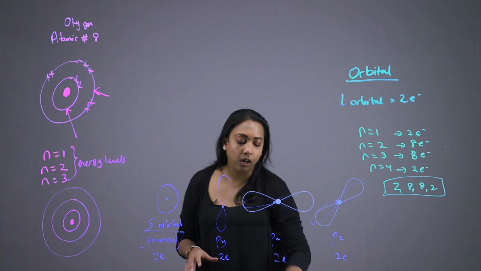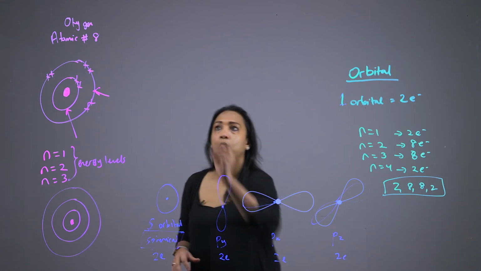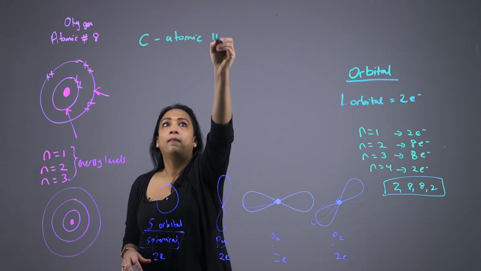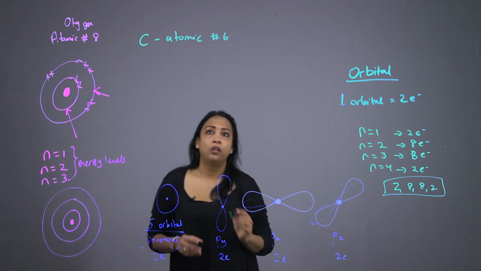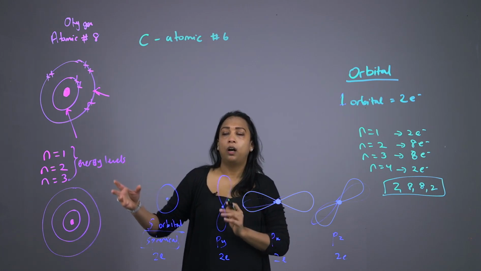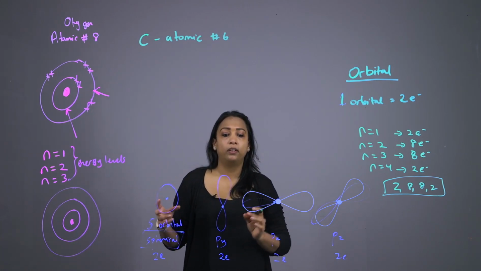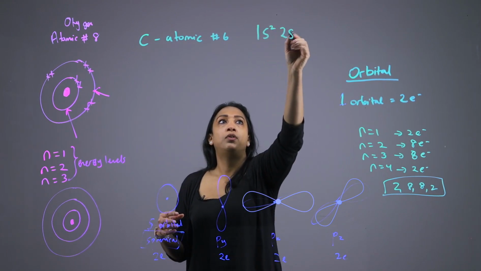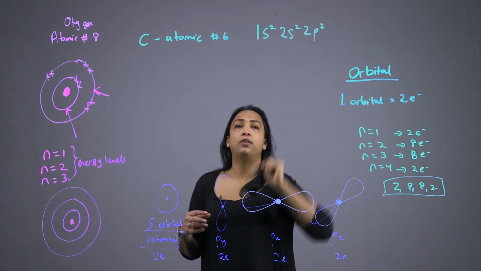So if we take carbon, for example, carbon has atomic number 6. So if we're going to fill the electrons in carbon, we can write it like this: 1s2, 2s2, 2p2.